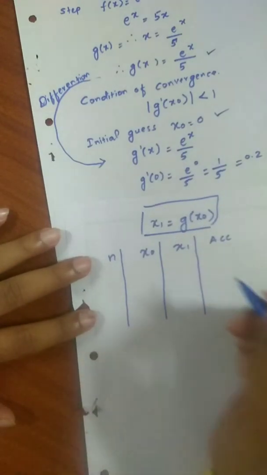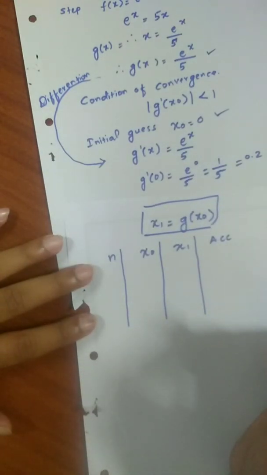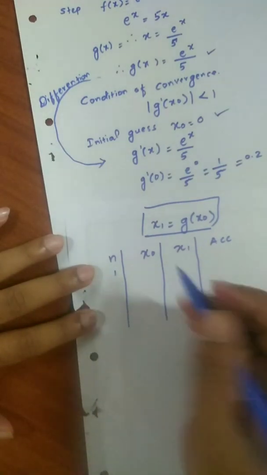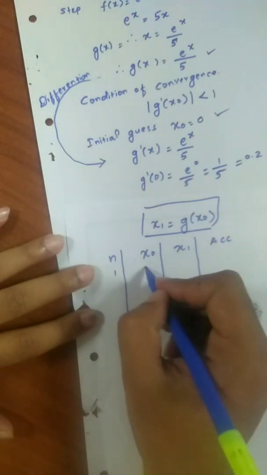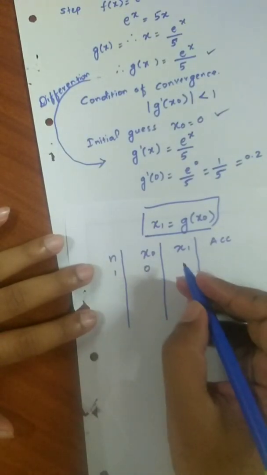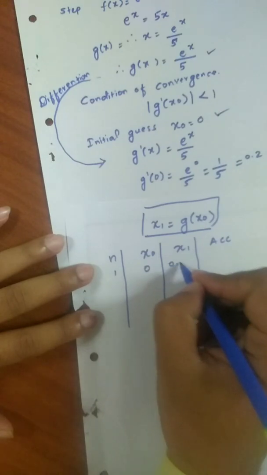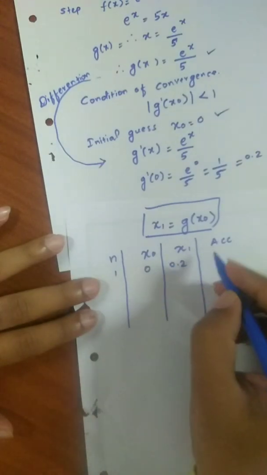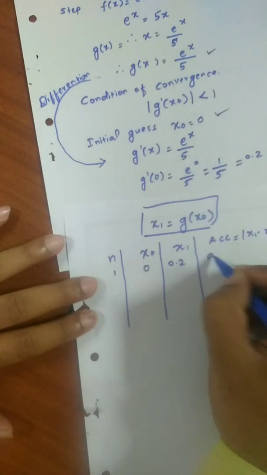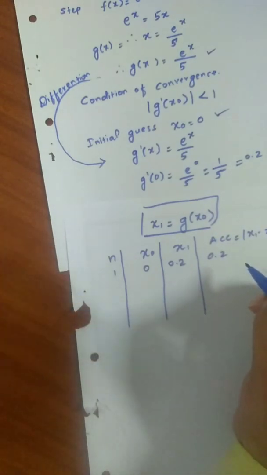Only four columns are sufficient in this method. For the first iteration, the initial value of x0 is 0, the x1 value is found as 0.2. And the accuracy will be equal to the modulus of the difference x1 minus x0, so it will be 0.2 in this case.